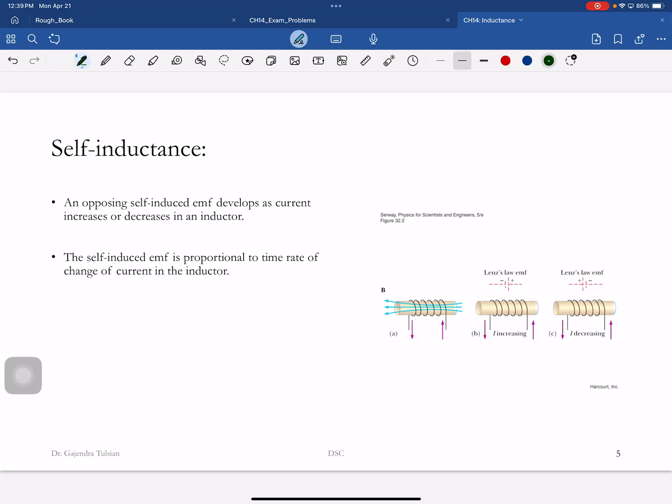All right, so let's say you take a wire and connect it to a battery. So a resistor, and connect it to a battery. Okay, so here's a switch. When I close the switch, what do you think will happen?